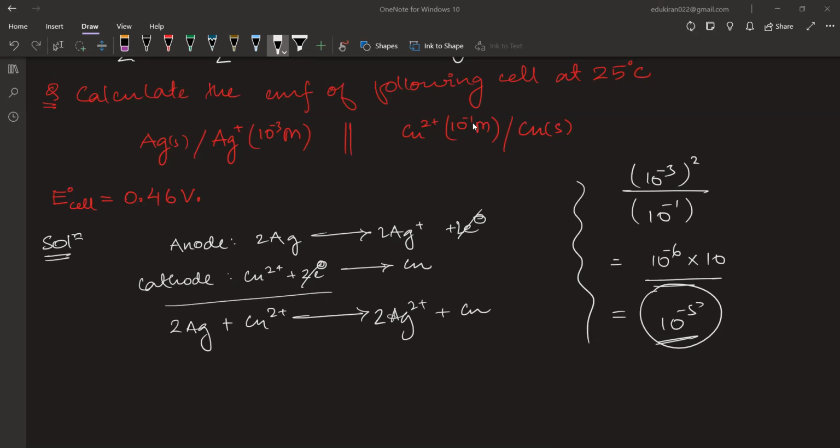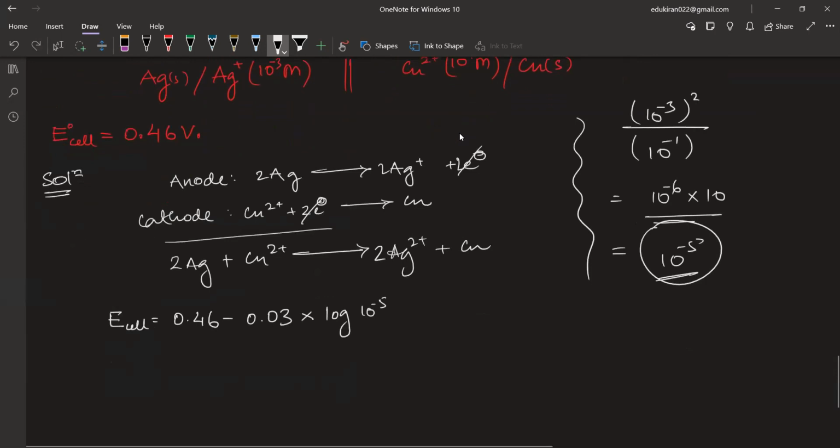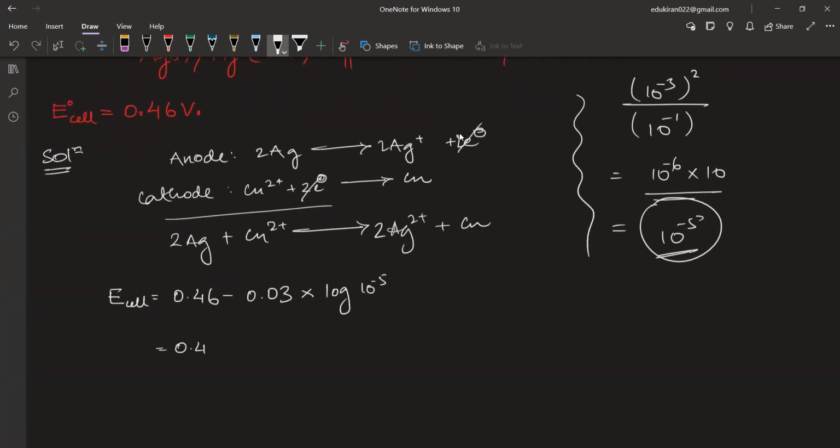So this will be equal to how much? -5, right? Because log 10 will be equal to that. Okay, fine. -5 3s are 15.